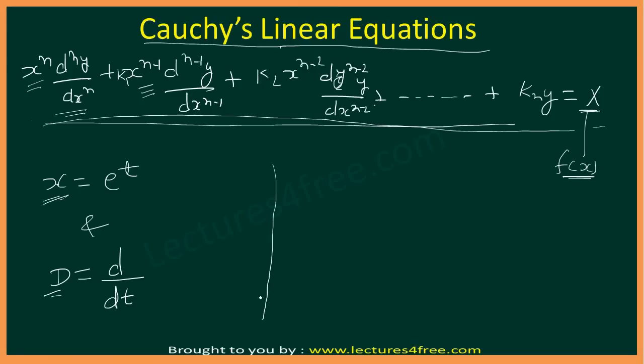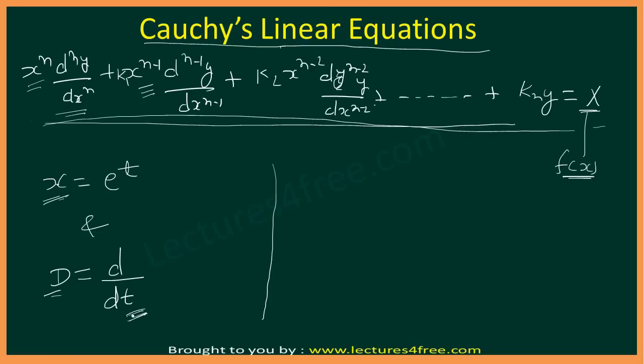It means we are trying to change this equation into an equation where our independent variable will be t. Here the equation has dy upon dx, d square y upon dx square. We want to convert it to d upon dt, d square y upon dt square.